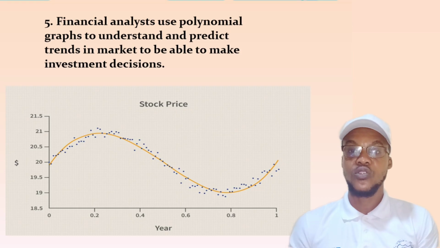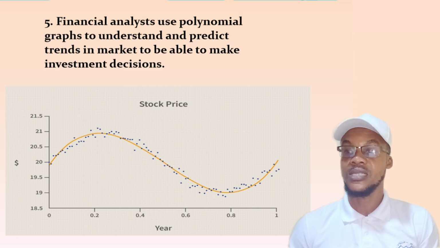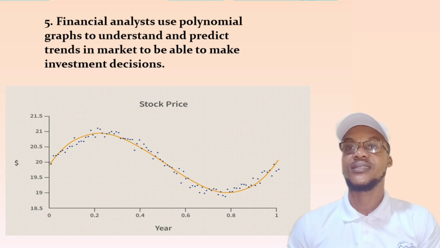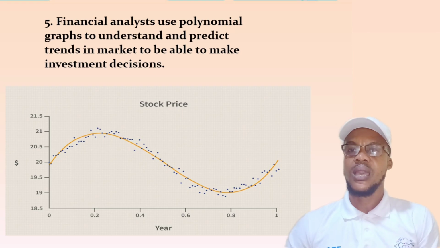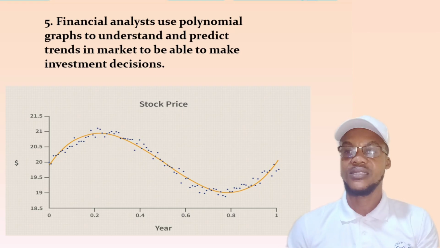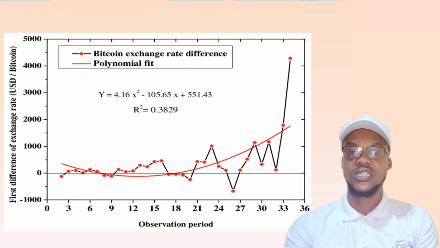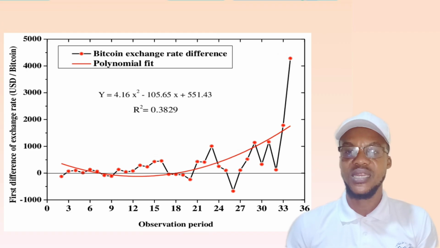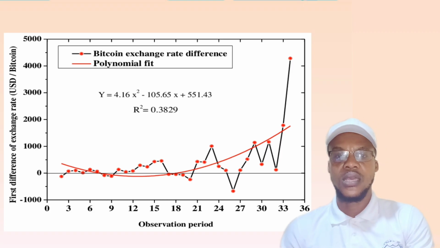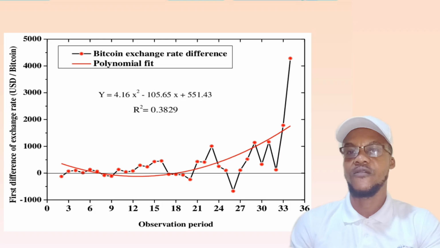So these polynomial graphs help them predict what is going to happen and take decisions as to whether to invest their money. So you see how important polynomial function is, very key. You can see the picture there. You can also see this one as well. All these help to predict, and help businessmen with their businesses. Great. So that is on the aspect of finances.